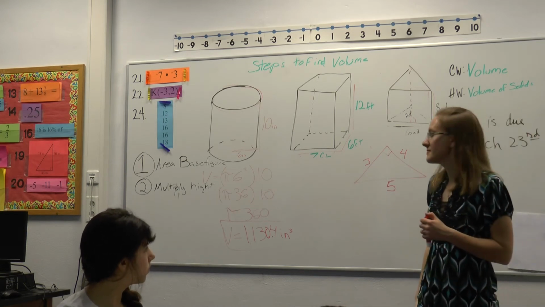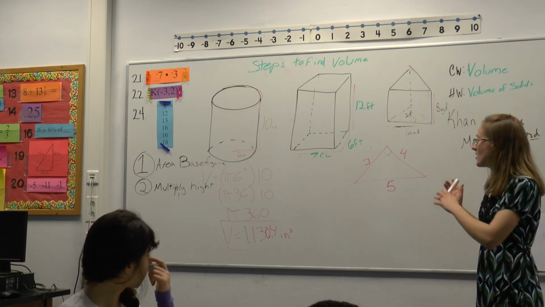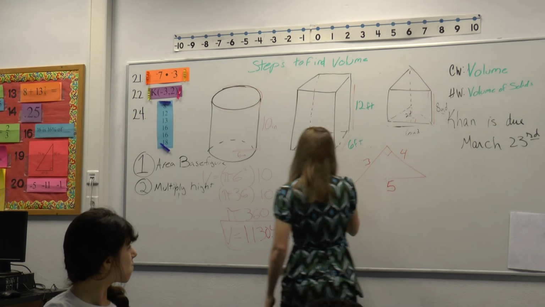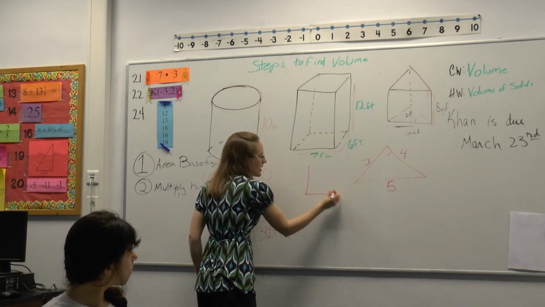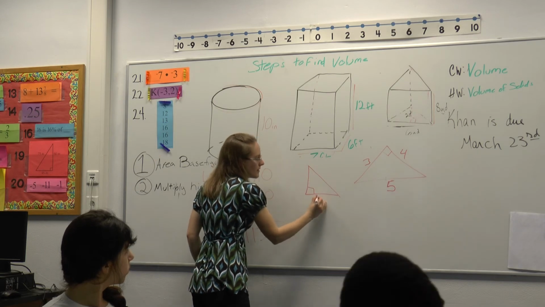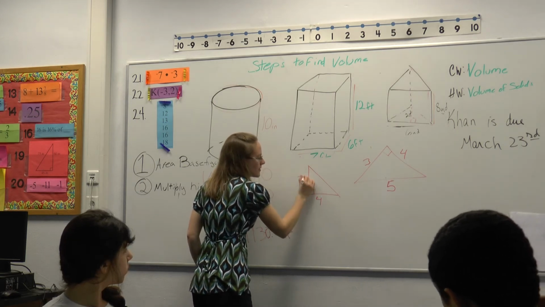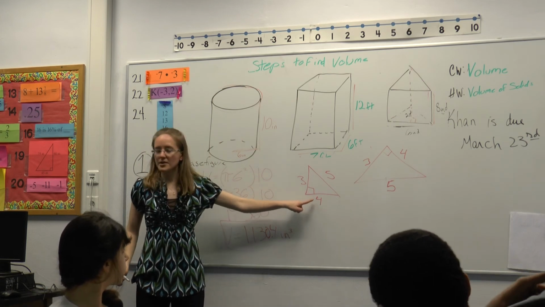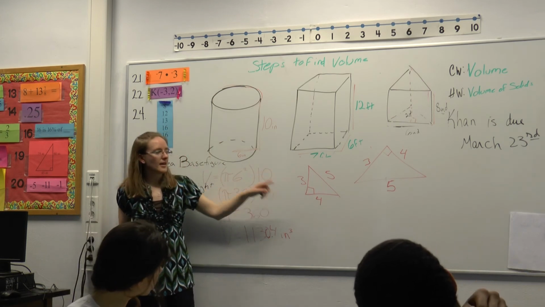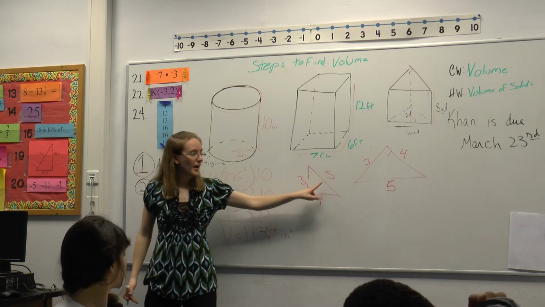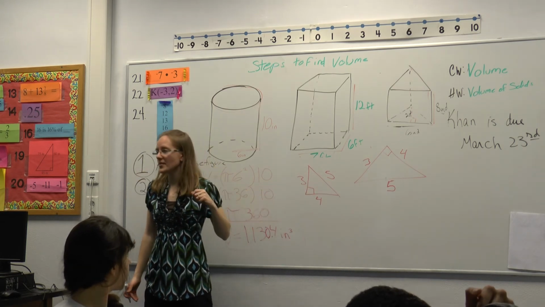Yes? 4. So if in your mind you shifted it so that it was like this, 4, 3, 5, then this would be your base and that would be your height. If you shifted it the other way, that this was your base and that's your height, that's okay. But you wouldn't want 5 as your base.